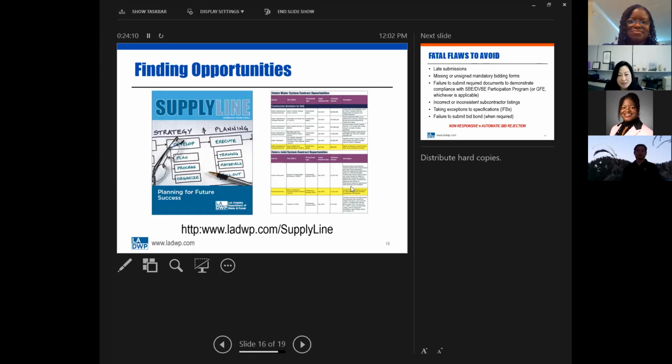It's forecasting, so you can prepare or anticipate. Sometimes they're really big items, but don't be deterred by that. If you think you can do a small portion of it, I really encourage you to aim to become a subcontractor to a prime contractor who will be bidding on these projects.